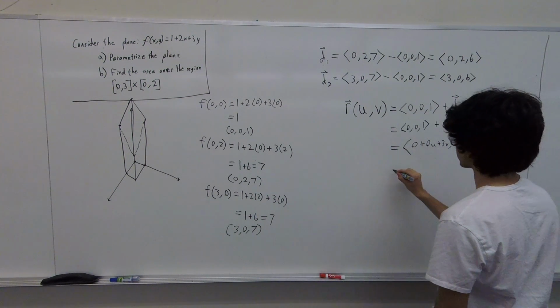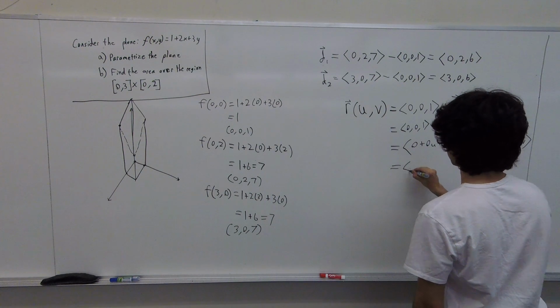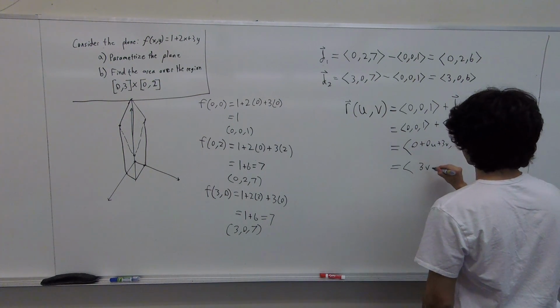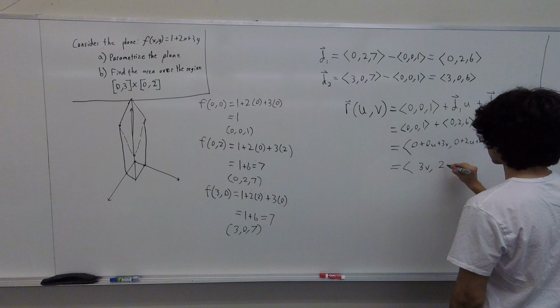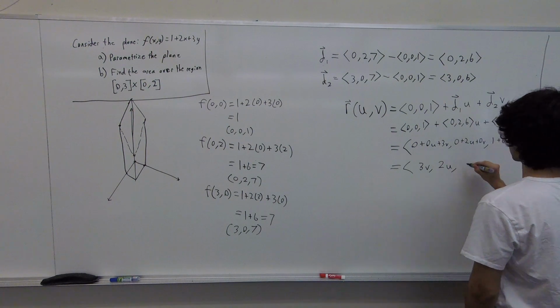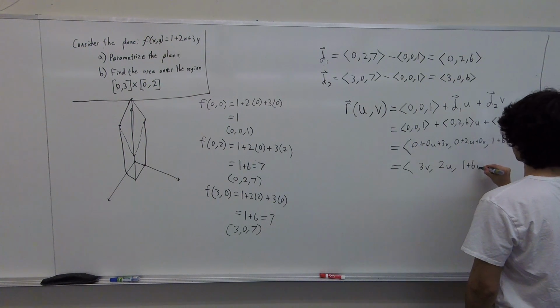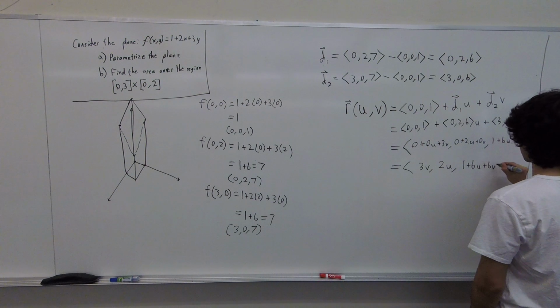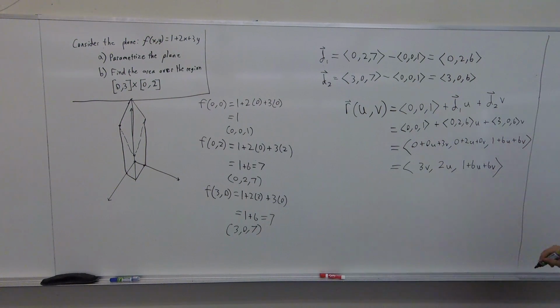And this simplifies down to... and we're done. We've parameterized our plane. So now let's move on to the next step. Find the area over that region.